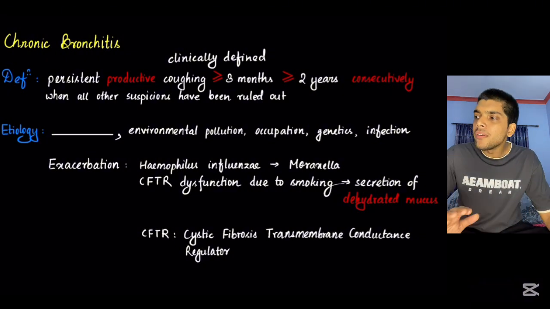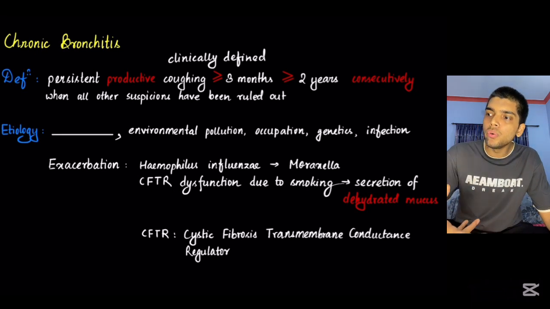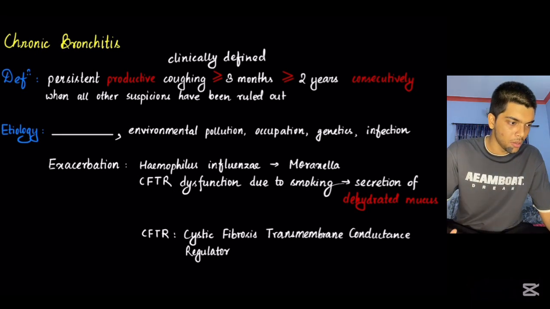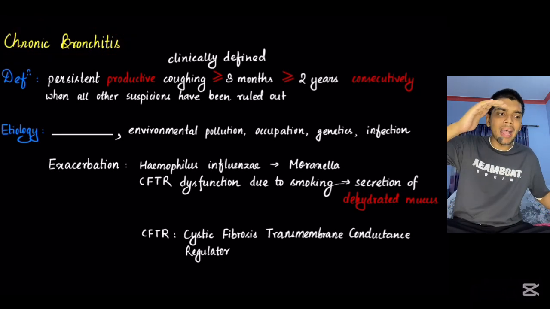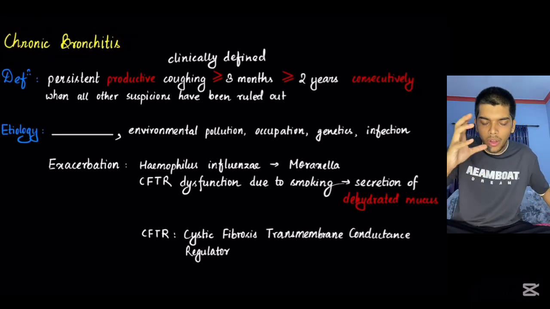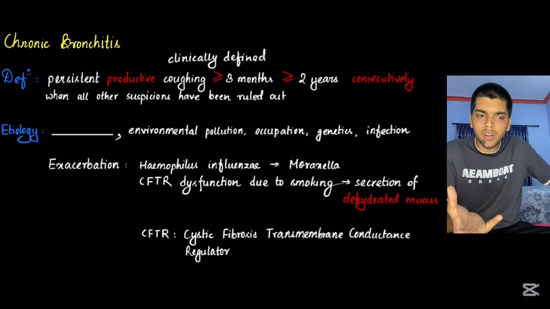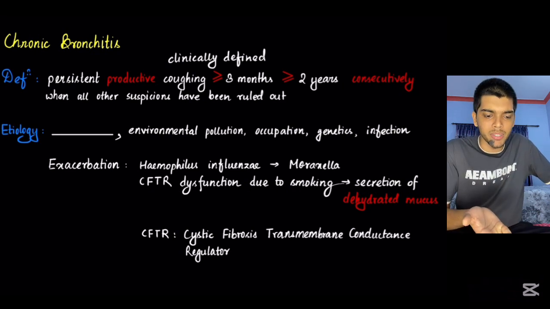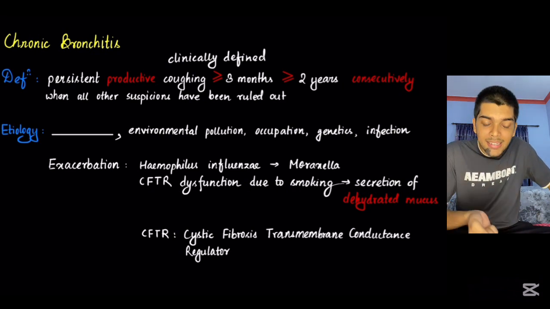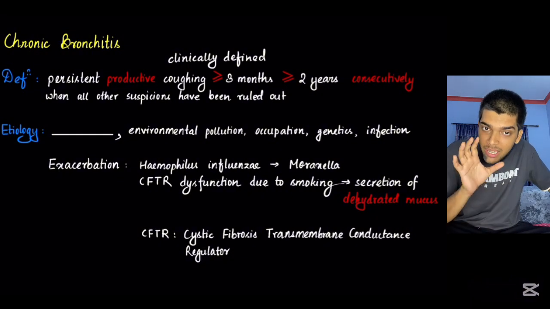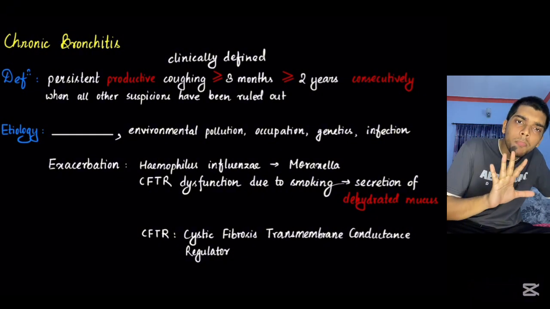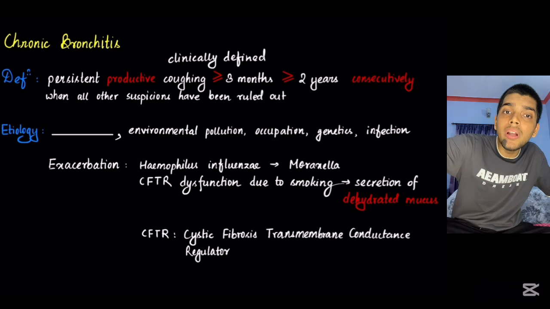However, whenever a patient presents to you with a history of coughing, chronic bronchitis does not come at the top of the hierarchy of your diagnosis. Something like tuberculosis comes, not chronic bronchitis. That is why you can tell that a patient has chronic bronchitis only when all other possible suspicions have been ruled out.